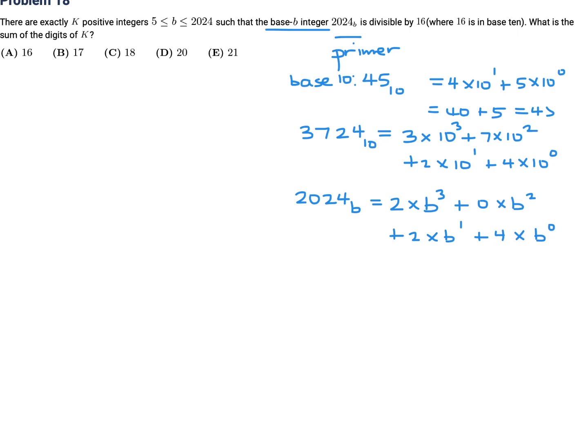You got it? So in this particular case, that simplifies to 2b cubed plus 2b plus 4. This is the value of this number.